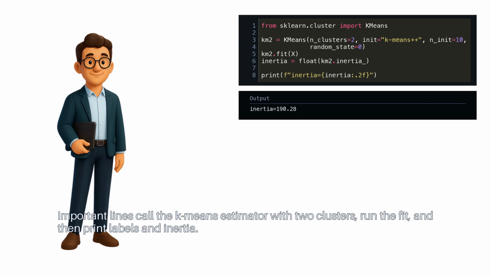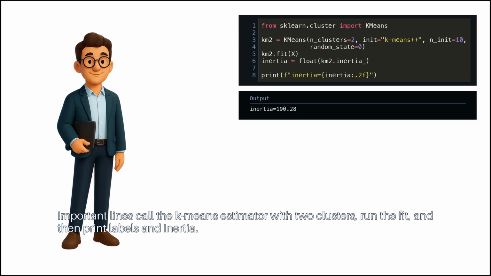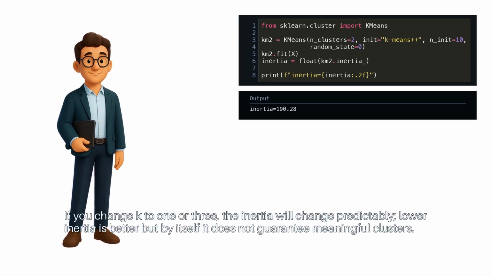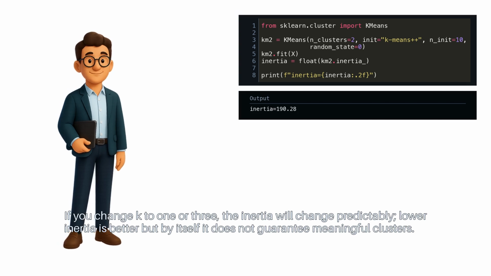Important lines call the KMeans estimator with two clusters. Run the fit, and then print labels and inertia. If you change K to 1 or 3, the inertia will change predictably. Lower inertia is better, but by itself, it does not guarantee meaningful clusters.